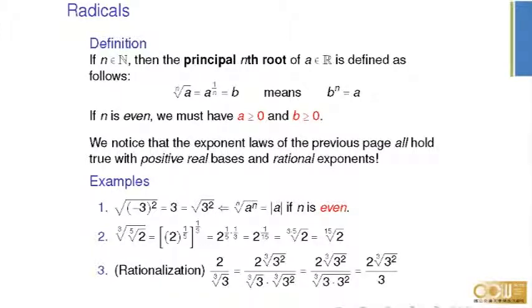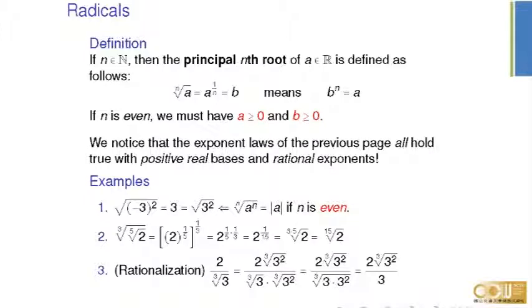Then we can use the law of exponents and simply multiply 1/5 and 1/3, which gives 2 to the power of 1/15, and we can also put it into these two different forms.